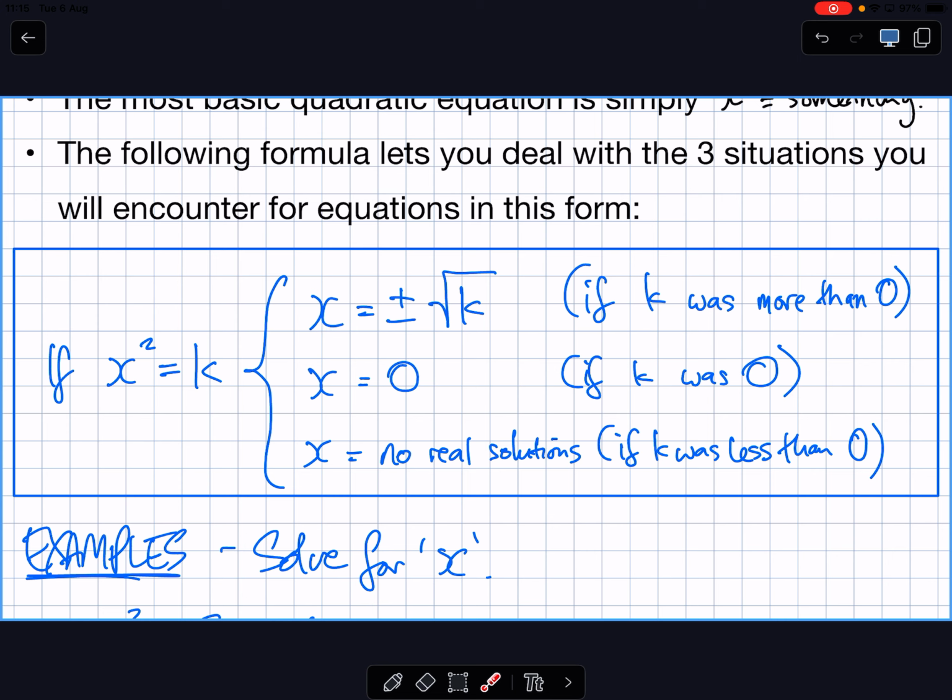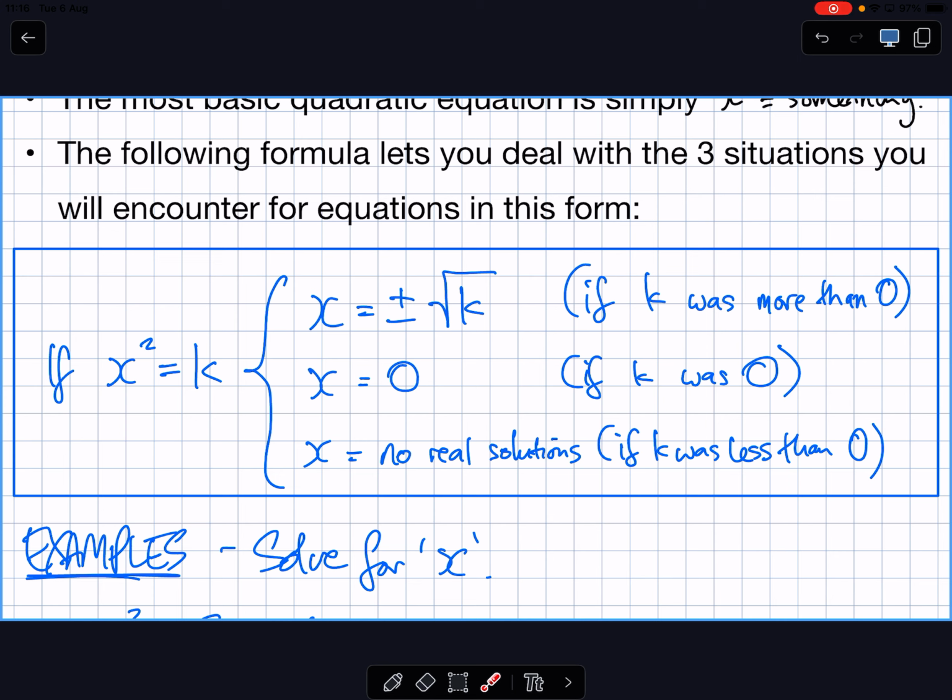You'll either have x is equal to plus or minus, and does anyone know what this symbol around the k is? Good, so you must have done Pythagoras before. x is equal to plus or minus the square root of k if k was more than 0. The other option is x is equal to 0 if k was actually 0.